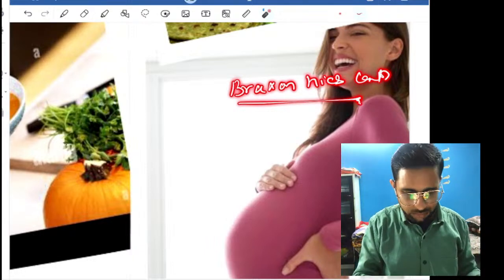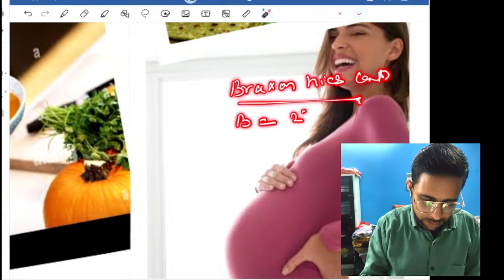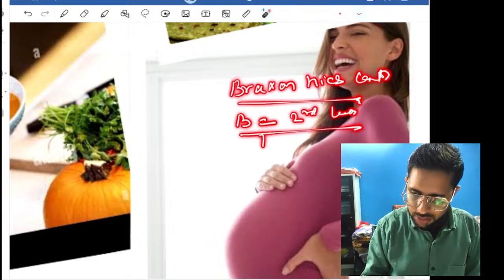Hint is a B. B is a second letter. So it is seen in the second trimester.